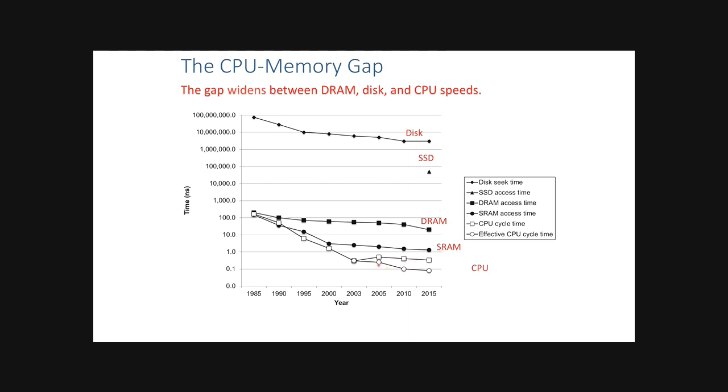But what we saw from the previous table is that this effective cycle time for a CPU is faster. So the CPU is still running faster than any of these times that we can access any of the memory on the machine.